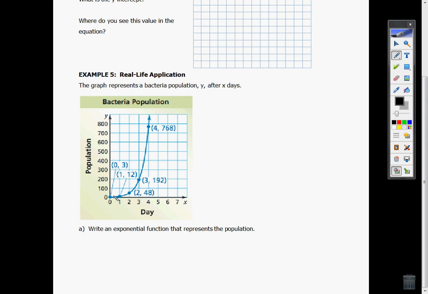A lot of times in biology or chemistry or sciences, we can model things that happen in nature with exponential or, something we might talk about later, logarithmic functions. So let's see. Write an exponential function that represents the population.